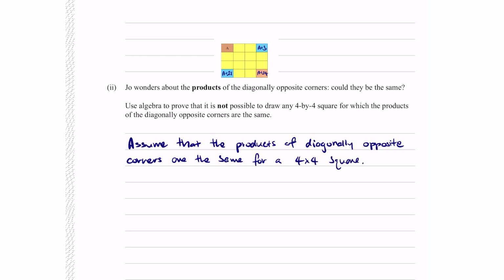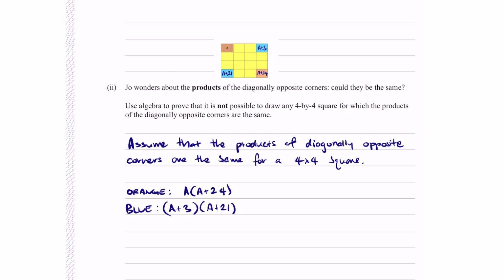If we assume that this is true, then we can go ahead and do that calculation. For the orange corners, we're doing a multiplied by a plus 24. And for the blue corners, we are doing a plus 3 multiplied by a plus 21.